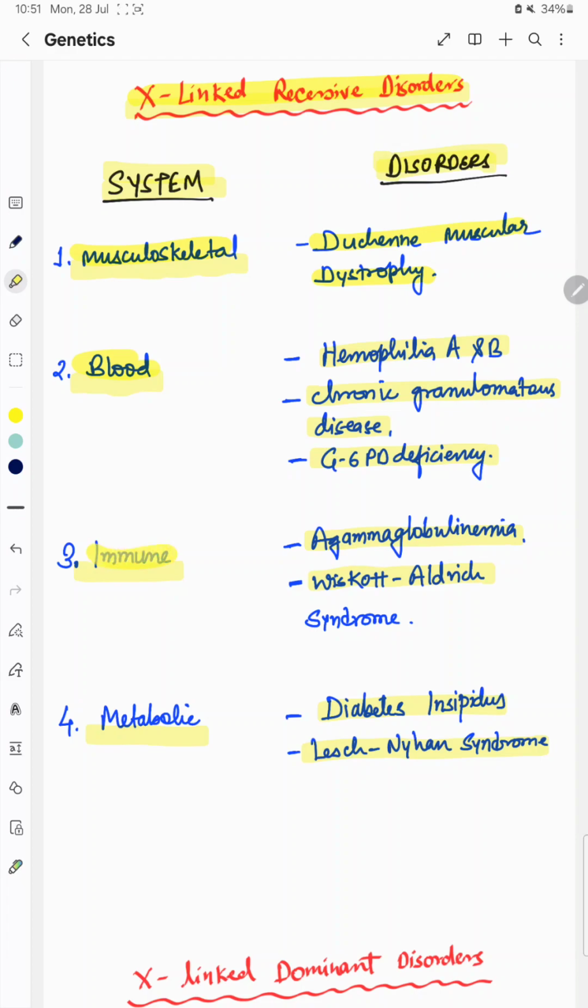In the immune system, agammaglobulinemia and Wiskott-Aldrich syndrome. In metabolic disorders, diabetes insipidus and Lesch-Nyhan syndrome. There are so many types of mnemonics you can find, and I suggest that you make your own mnemonic for better memorizing power.